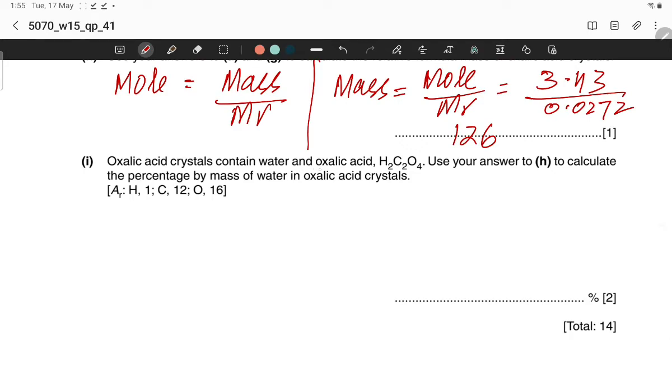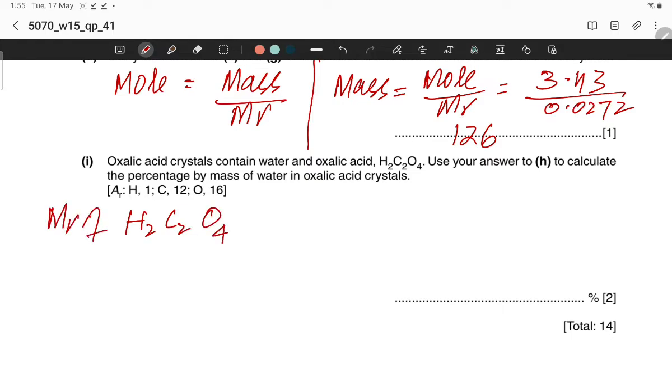Oxalic acid crystals contain water and oxalic acid. Use your answer to H. Calculate the percentage by mass of water in oxalic acid. H2C2O4.